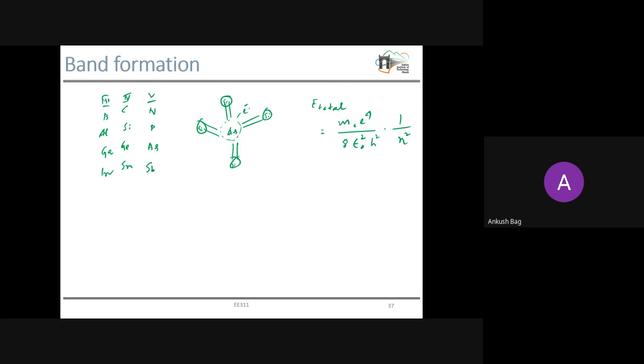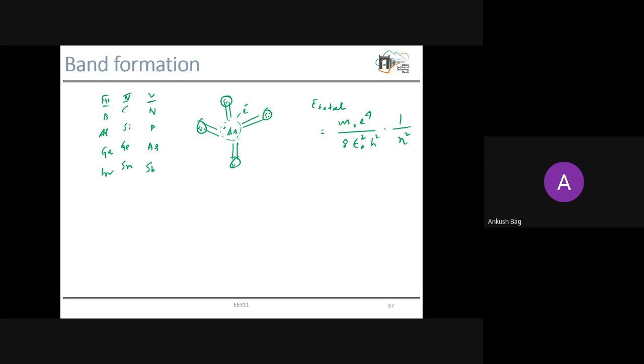Because once we take this electron from this particular atom, this atom will be positively ionized, because electrically it will be a positively charged atom. So remember, here is one interesting thing: this ion is fixed.